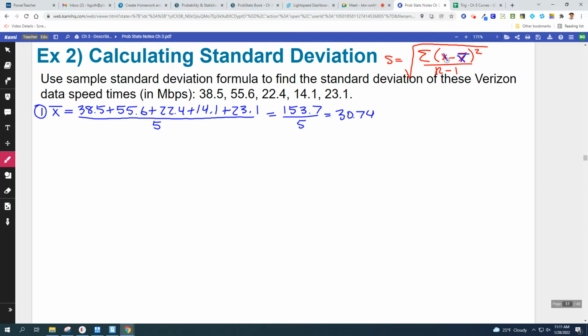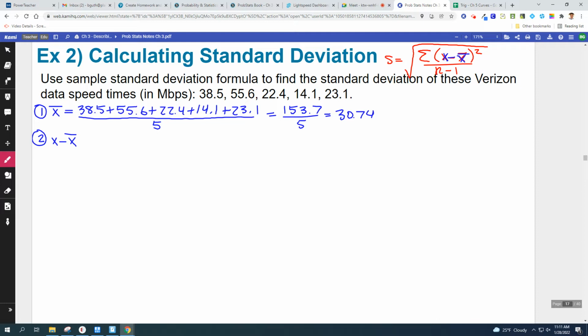The next thing you'd have to do is take your x numbers minus that mean, since we're inside the parentheses. So step 2 is x minus the mean. You have to know what x is: x is each one of your individual data values.